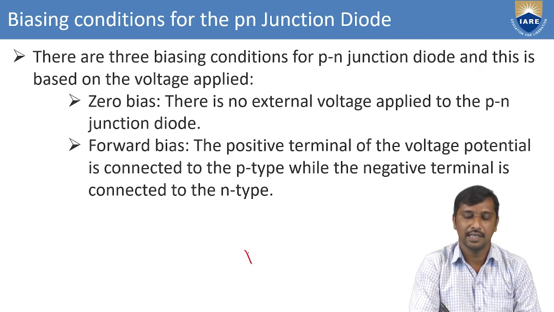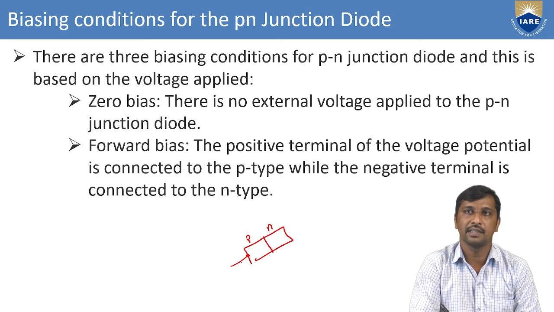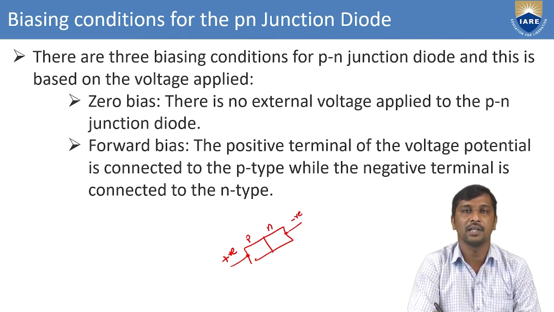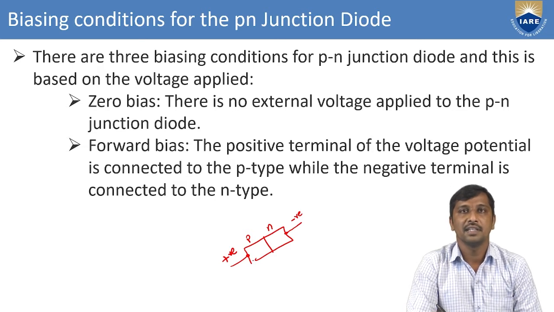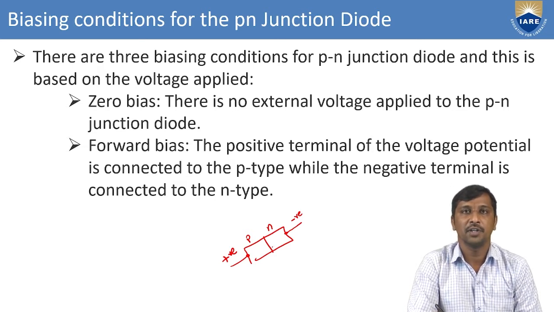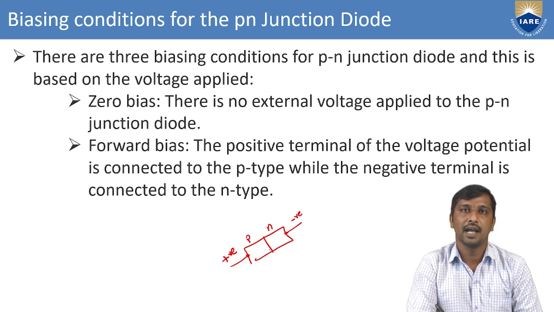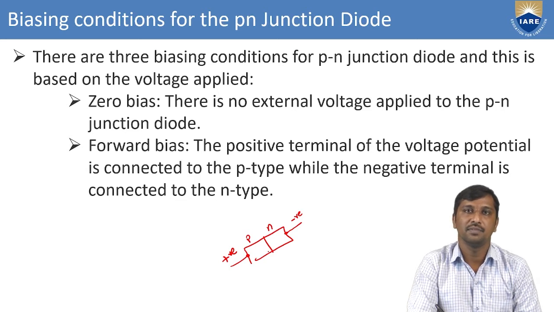Let us take this as P and N. One electrode is created at the P side, called the positive electrode, and one electrode is established across the N side, represented by the negative electrode. For these two terminals, we apply some external force to further the movement of charge carriers from one region to the other to generate conduction across the PN junction.